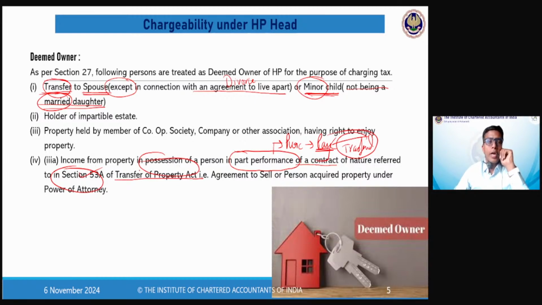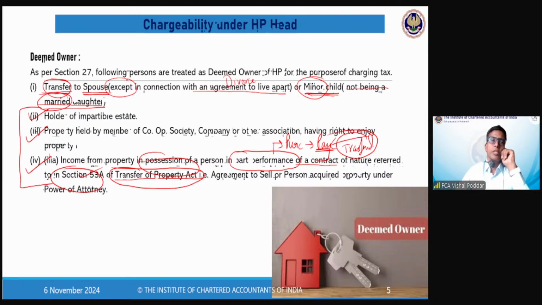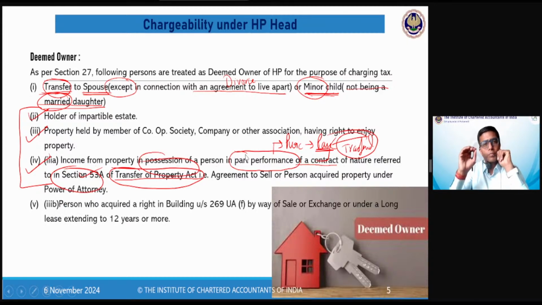So this particular act has already deemed that you are the owner of such flats where for some reason the agreement has not yet been completed in your name. So these are again practical scenarios. All these three are real life scenarios where actually you are the owner, but for some reason the document is not registered in your name. So the law says in all these three cases where in substance you are the owner, though on paper you do not appear to be the owner, we will deem that you are the owner. So you will be covered under the head HP. This particular point will be applicable to you as an owner.